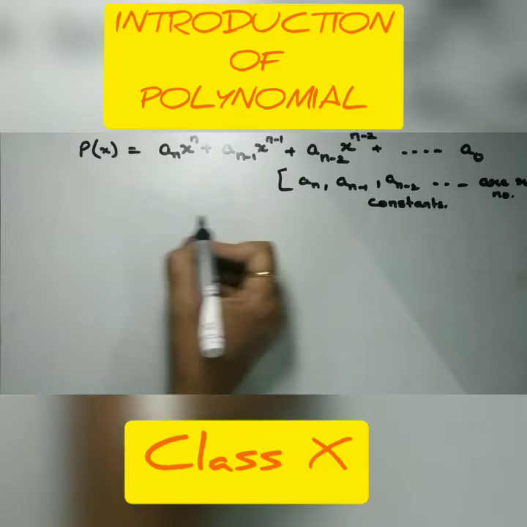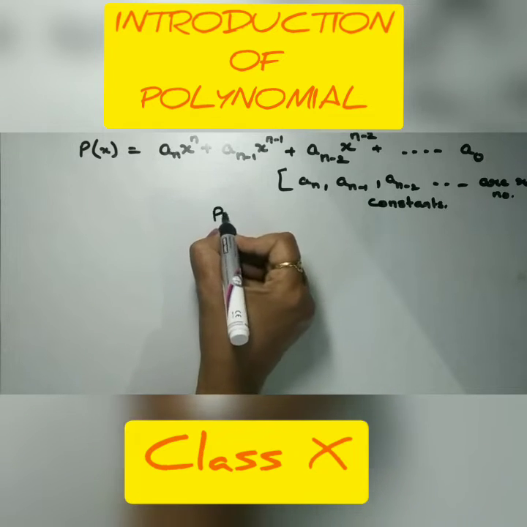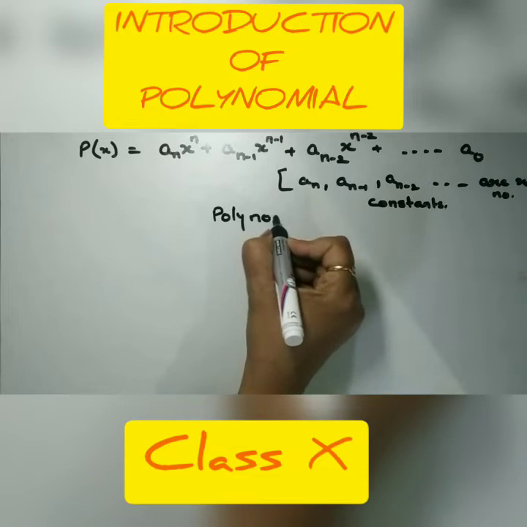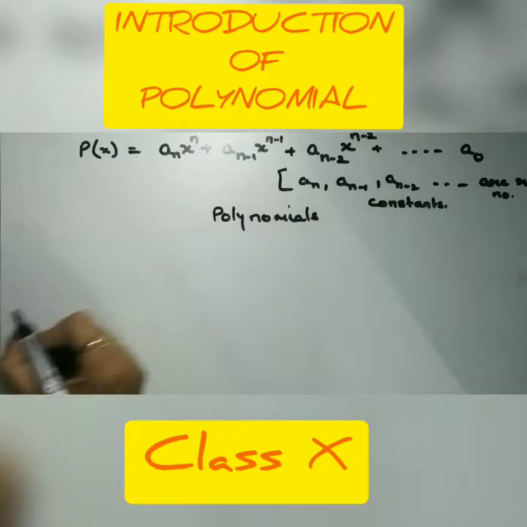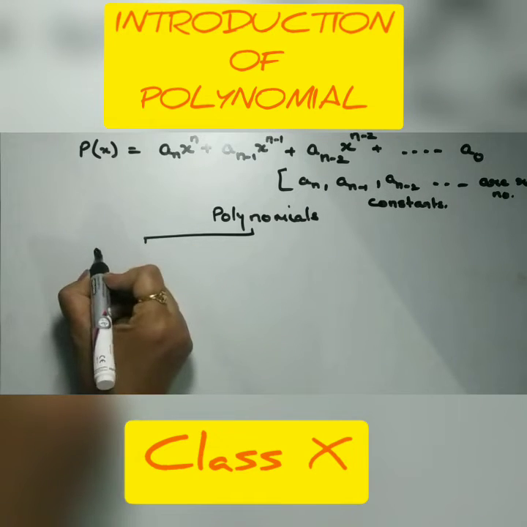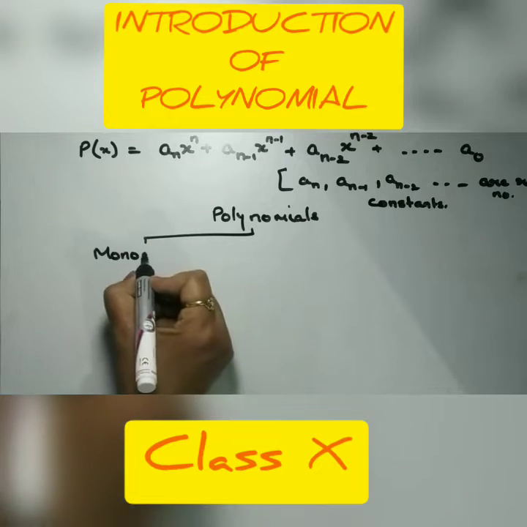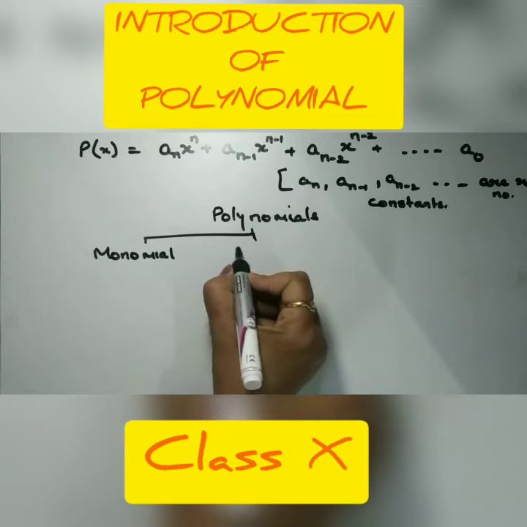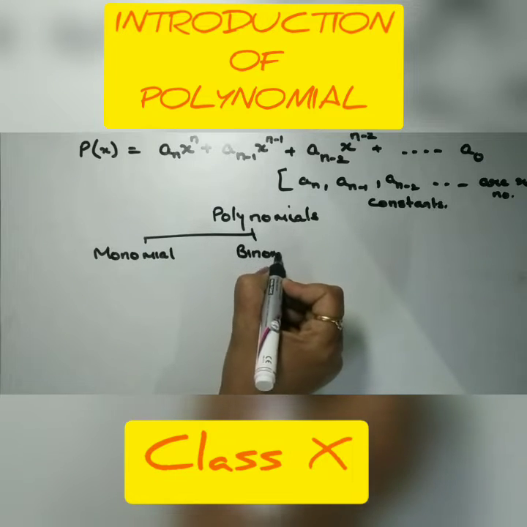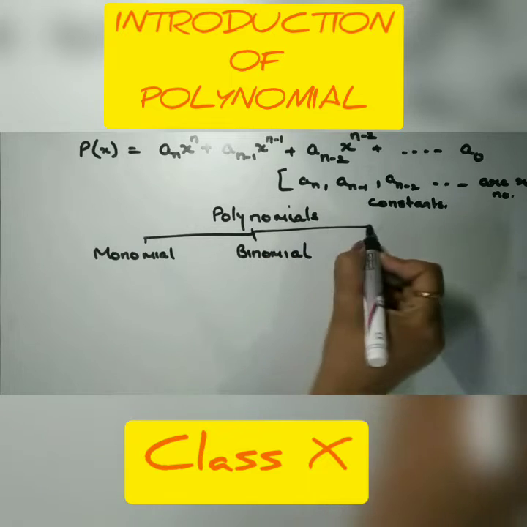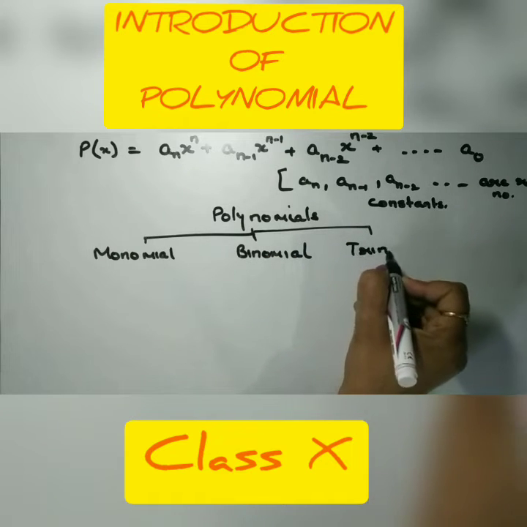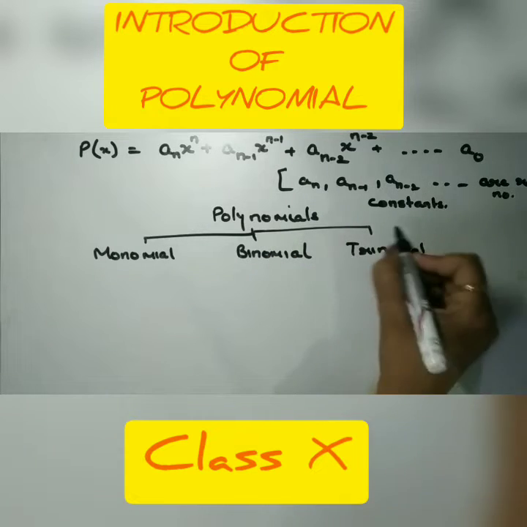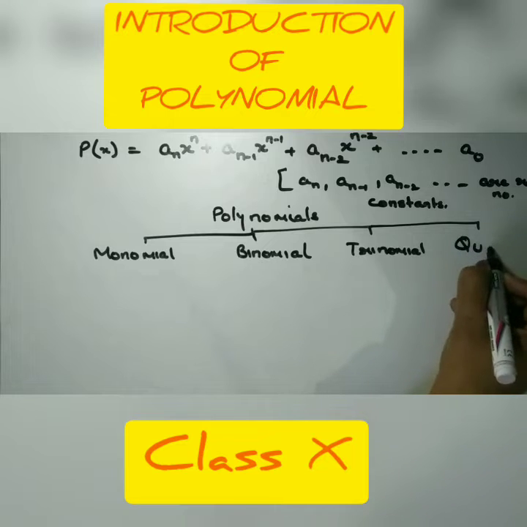You might know that there are different forms of polynomials. One is monomial, other one is binomial, trinomial and quadrinomial.